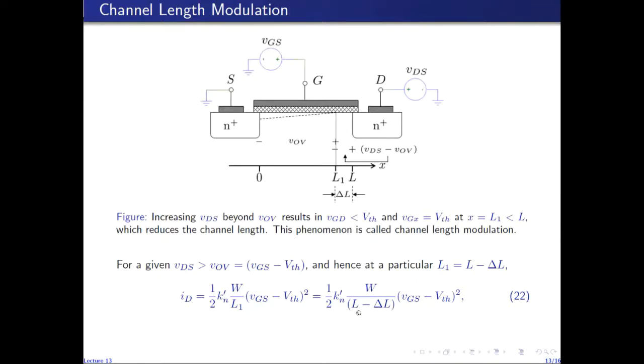But the device with the smaller channel length will have larger ID than the device with larger channel length. In other words, the corresponding increase in ID will be greater in the device with shorter channel length, which means that the effect of channel length modulation is more pronounced for shorter channel length devices.